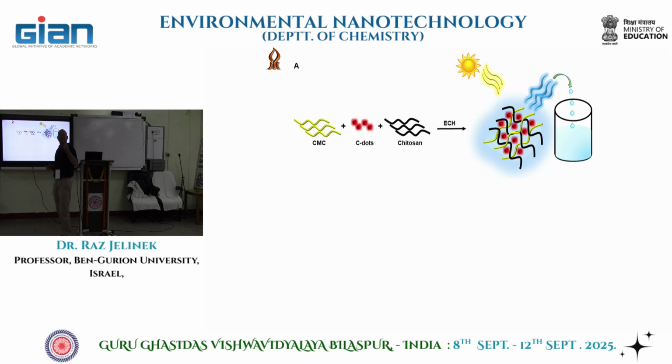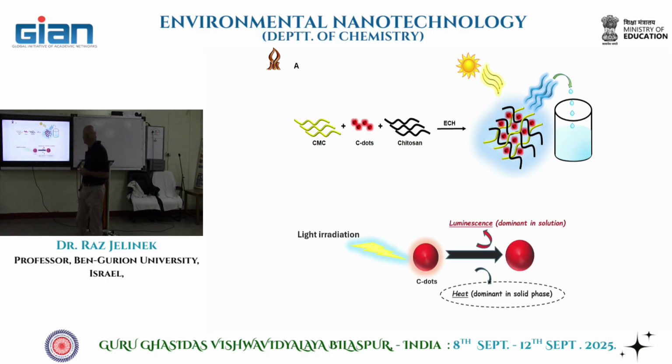Now, what's the secret here? You have the sponge. We pass the water into the sponge. Water goes into the sponge, just like a membrane, just like a filter. And then we shine light. Now, what will the light do? Remember the photothermal effect.